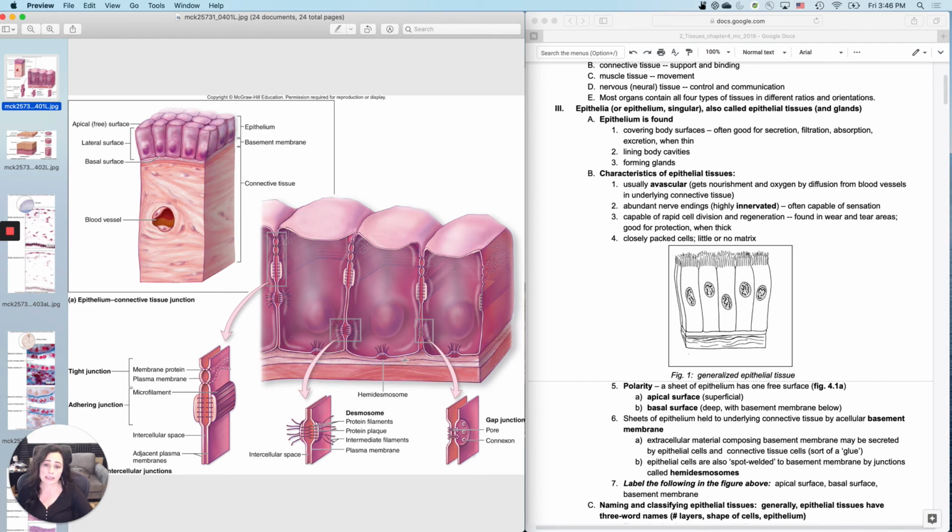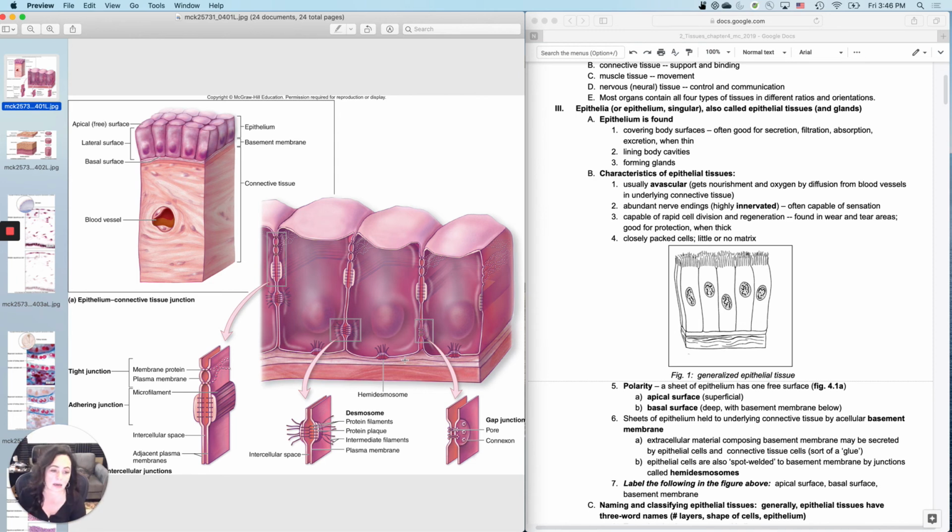Really what it is reaching the cytoskeleton into the proteins of the basement membrane and holding on. Hemi means half. It's half of a desmosome. We're going to learn a desmosome in just a second. So it's basically, in addition to the sticky stuff, you spot weld it every once in a while and it makes it stay stuck.